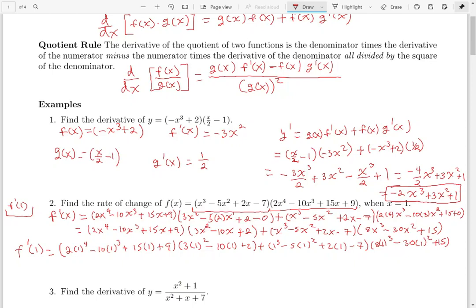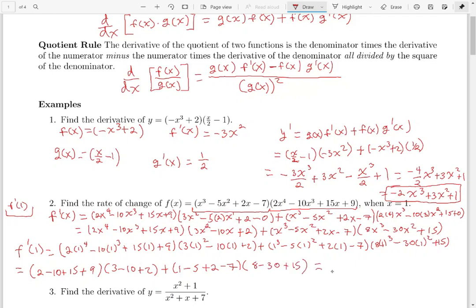Then all the arithmetic. I get that this is 2 minus 10 plus 15 plus 9 times 3 minus 10 plus 2 plus 1 minus 5 plus 2 minus 7 times 8 minus 30 plus 15.